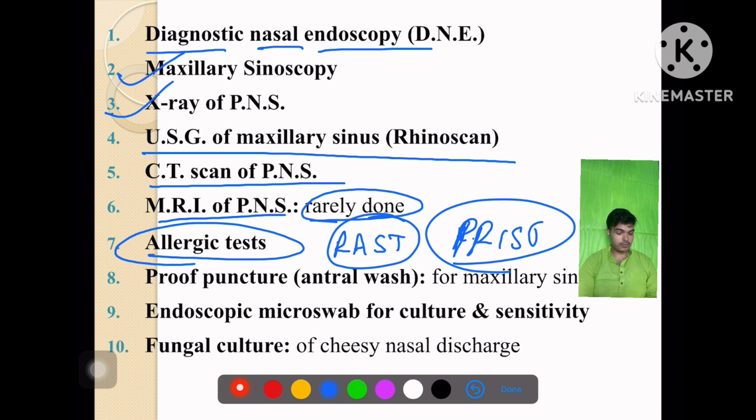Frontal sinus CT. In the case of chronic frontal sinusitis, the scalloped margin will be obliterated. Here you can see this demarcation. This is known as scalloping, and this scalloping is disrupted in the case of chronic sinusitis.